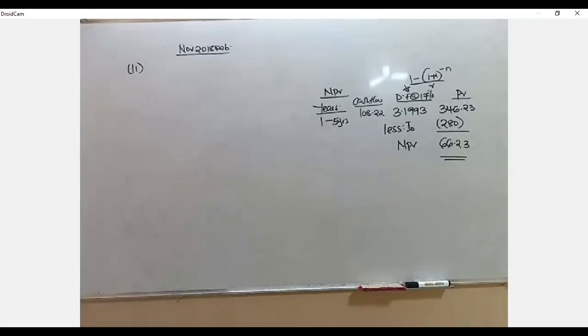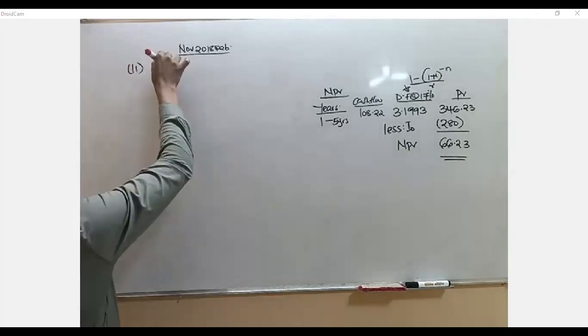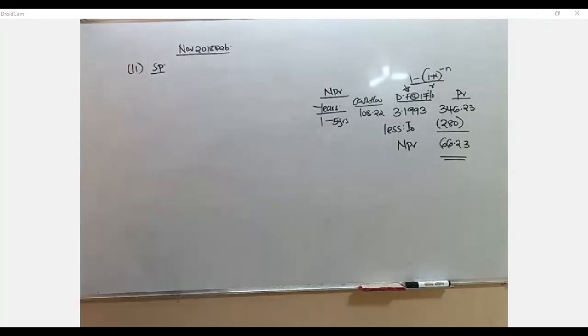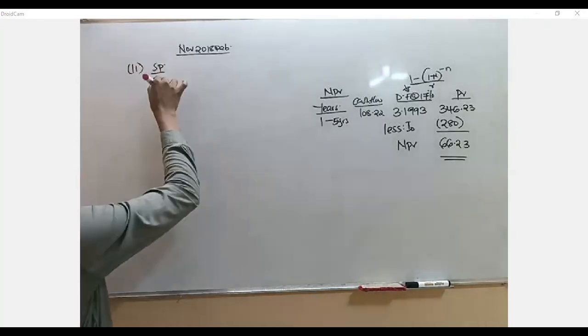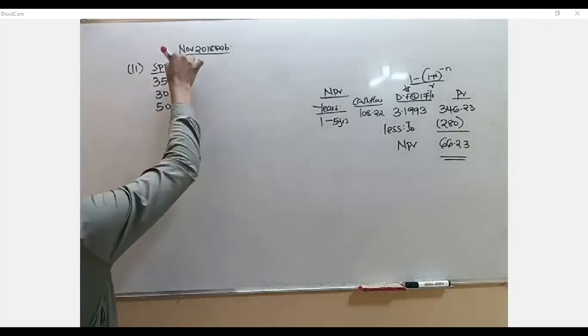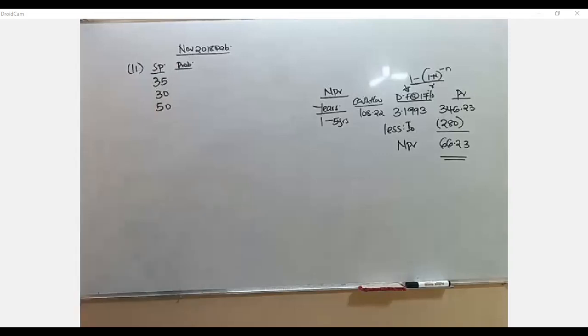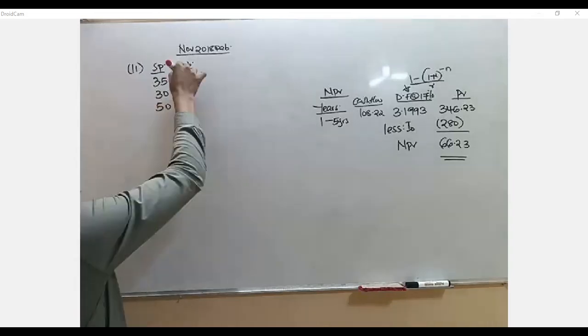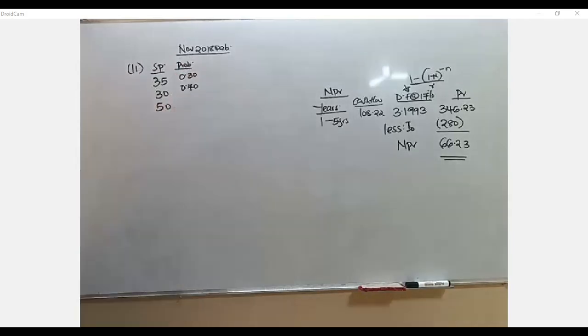Sorry. This is what I normally do to simulate. So we normally start with the selling prices. The selling prices provided there, we have 35, we have 30, we have 50. We have the probabilities attached: 0.3, 0.40, 0.30, right?